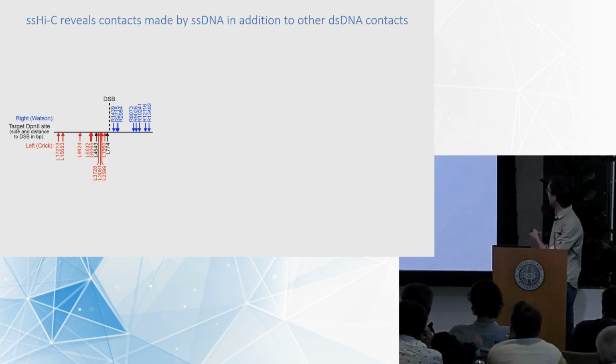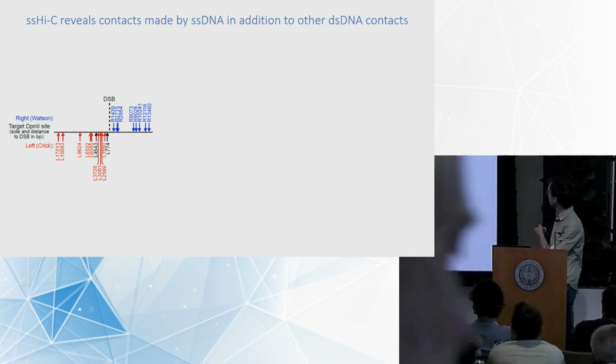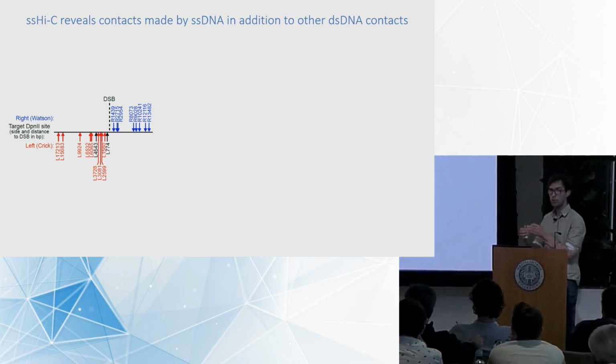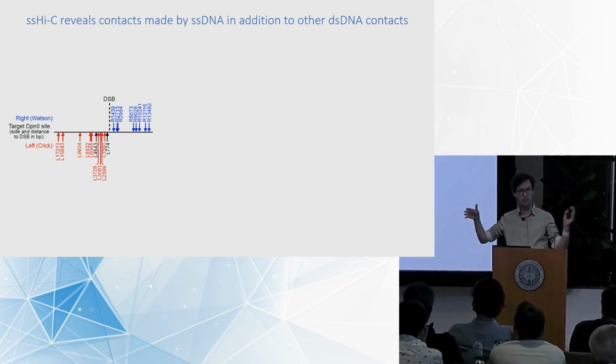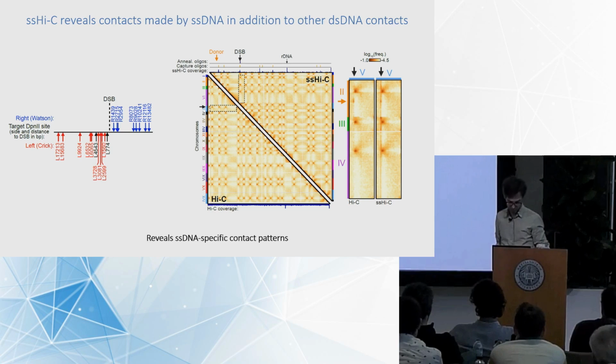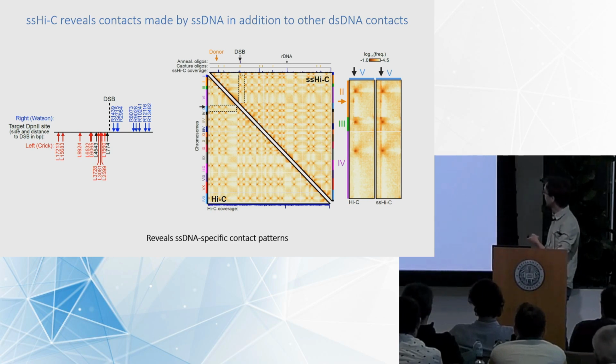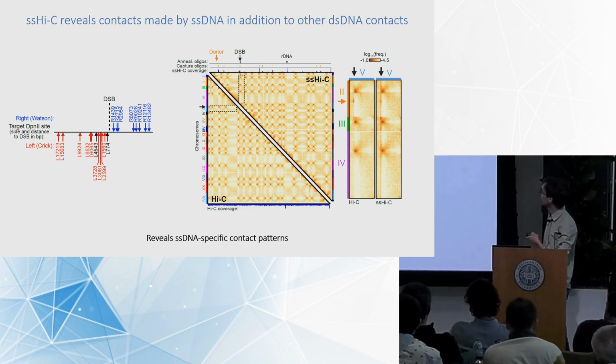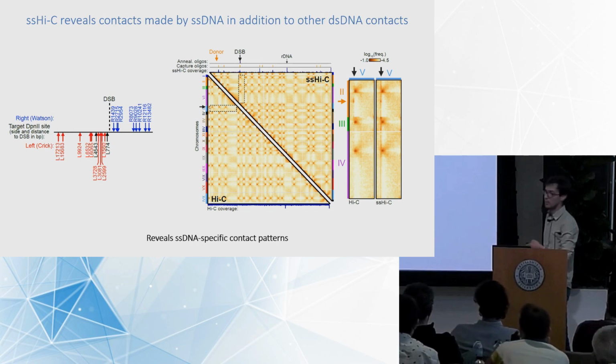So we added oligonucleotides to restore the site at various distances from the break site, up to almost 20 kilobases, to cover the range of resection that is achieved within a few hours in Saccharomyces cerevisiae. And here I'm showing you the data of a regular IC experiment and what we call the single-strand IC experiment, and you can see that single-strand IC recapitulates really well everything we see with an IC experiment, but in addition, at the break site, it reveals additional contacts that were not visible in the classical IC experiment.